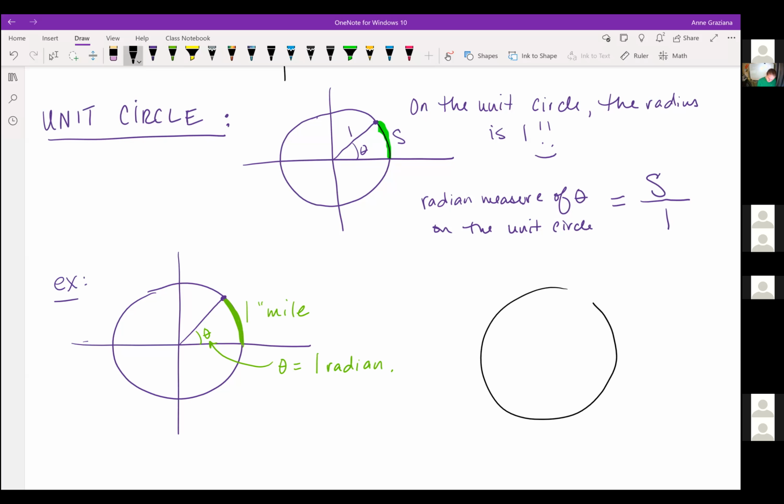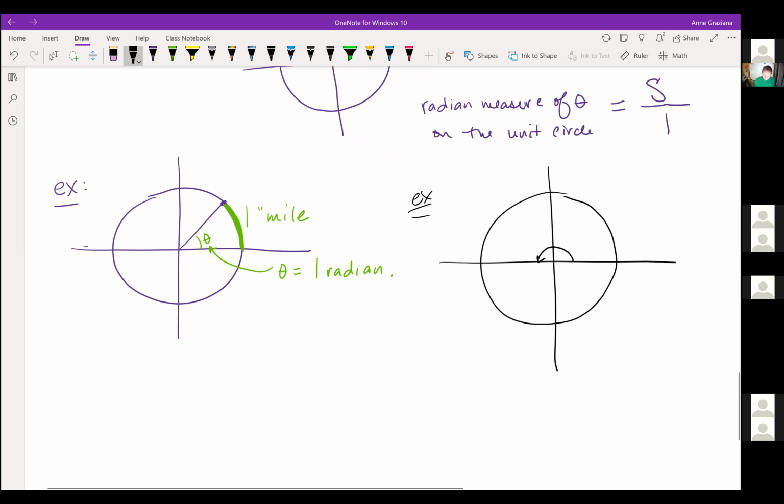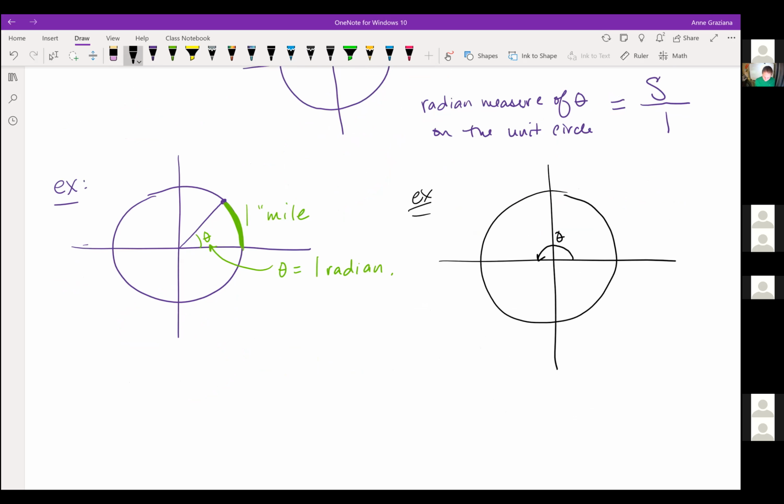There's another one. If I look at this angle, now I look at theta here. That's the distance on the unit circle. Again, I'm on the unit circle. I just want to make sure that's clear. I'll just put 1 point on here to make sure you know it's a unit circle.